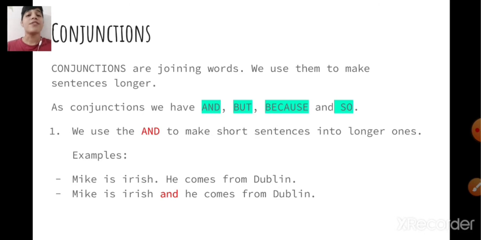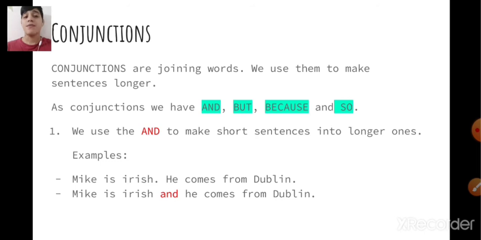Let's go for the first one, okay? We use the word and, the first conjunction, to make short sentences into longer ones, okay? For example, Mike is Irish. He comes from Dublin. Right here we have 2 different sentences. Mike is Irish, period.